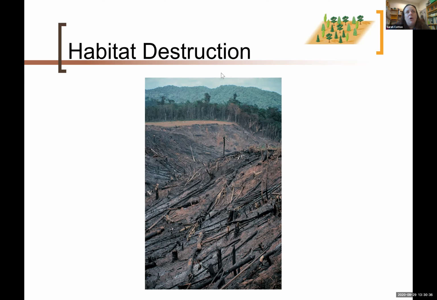And so one of the important things to have in the back of your mind is that there's always a cost benefit, right? It's not always black and white. So swidden agriculture is a terrible way of growing crops, terrible, right?